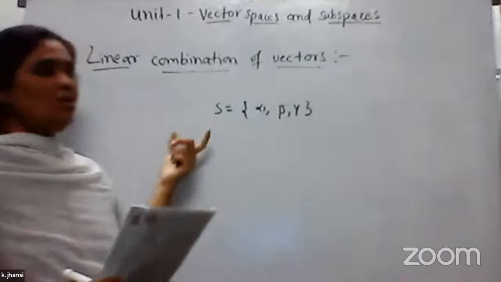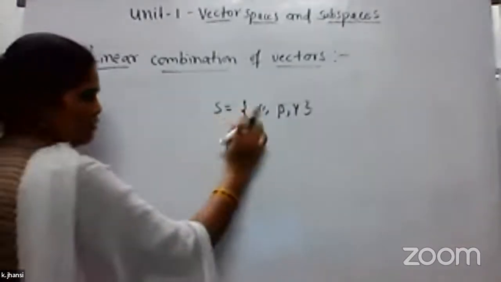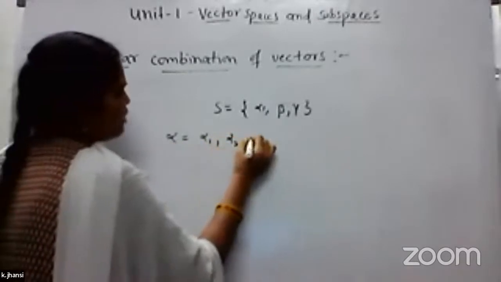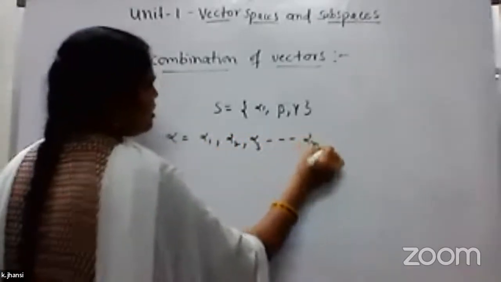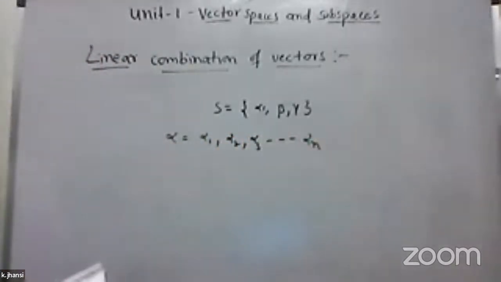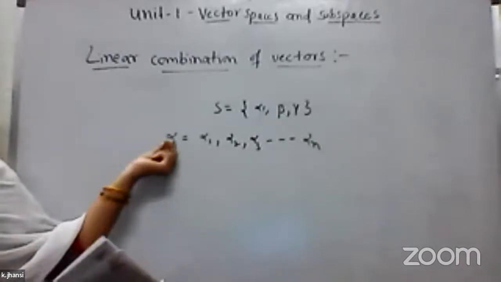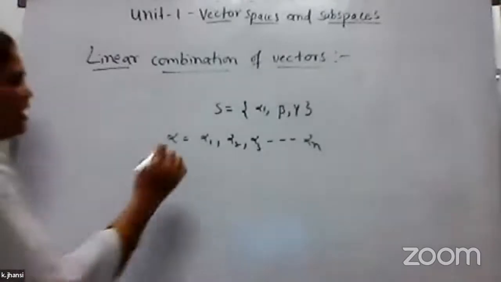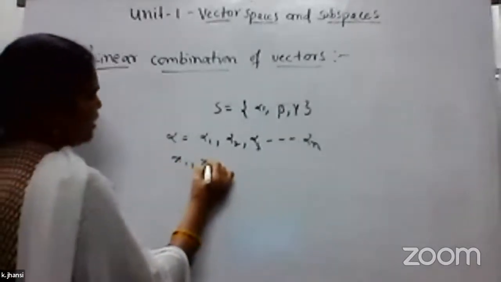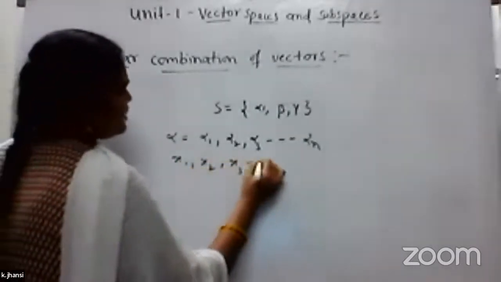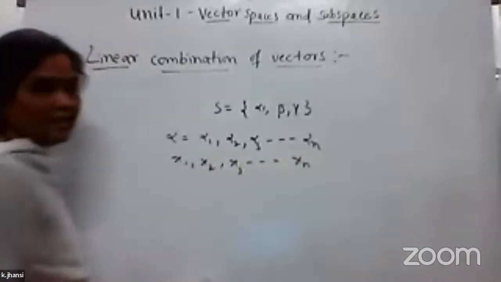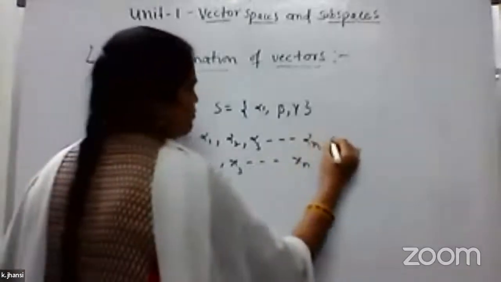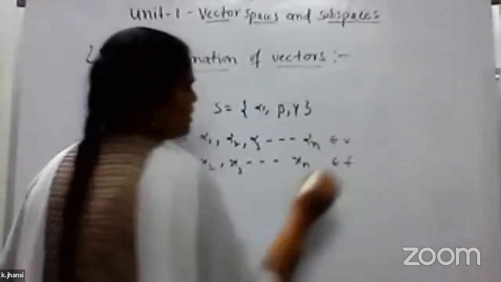You can take them as alpha 1, alpha 2, alpha 3, so on up to alpha n. Whatever this alpha is, it belongs to the vector space V. And x1, x2, x3, up till xn, are from the field of scalars. So these belong to V and these belong to F.